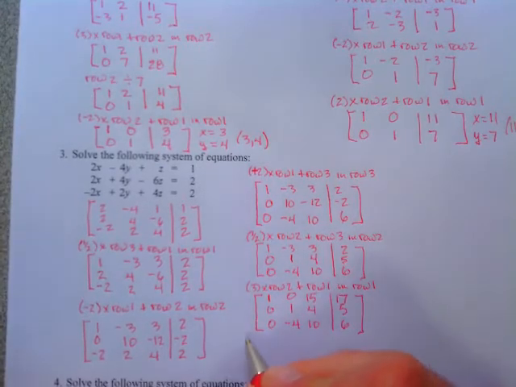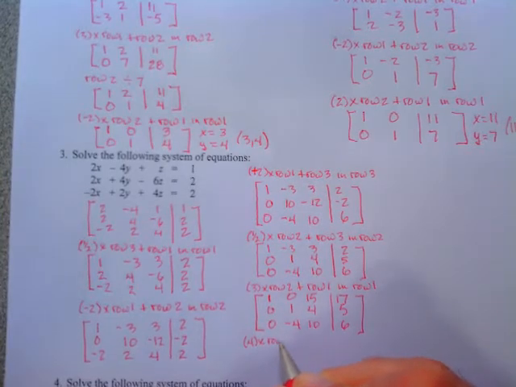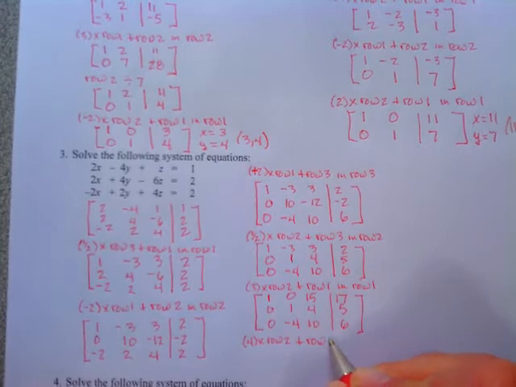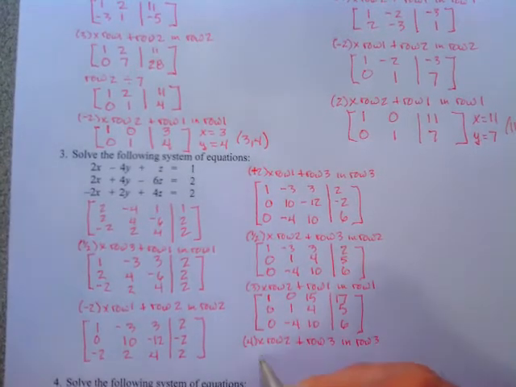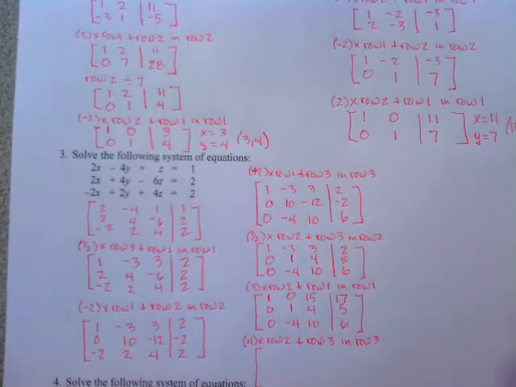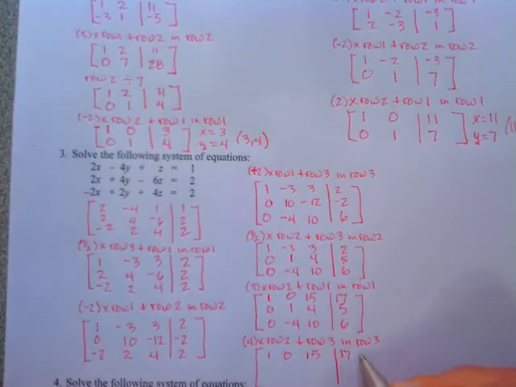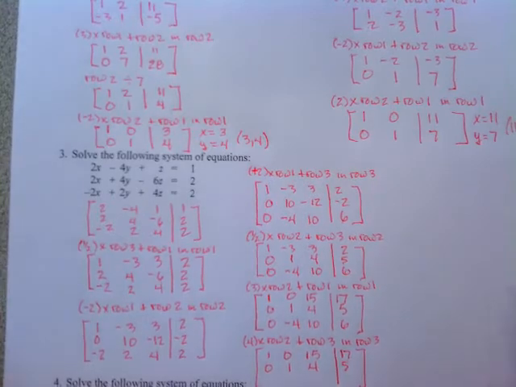And then I'm going to take 4 times row 2 plus row 3, and I'm going to put that in row 3. And so since I'm changing row 3, row 1 doesn't change, and row 2 doesn't change.